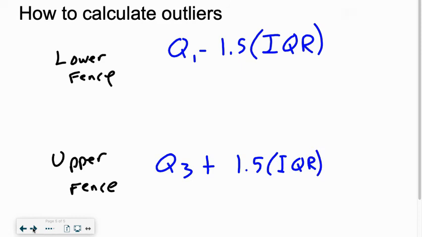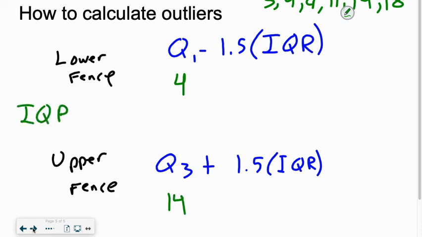So I'm just going to write that same data set we had last time. Q1 was the 4, Q3 was the 14. So now to find IQR, you just take Q3 minus Q1. So 14 minus 4, which is 10.